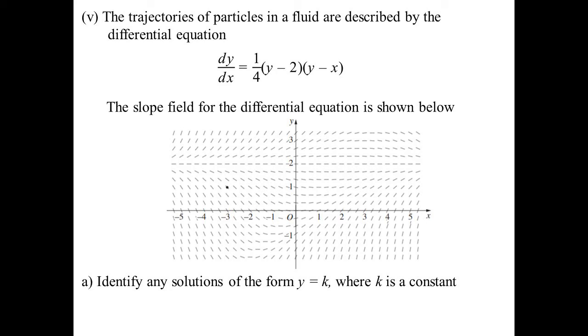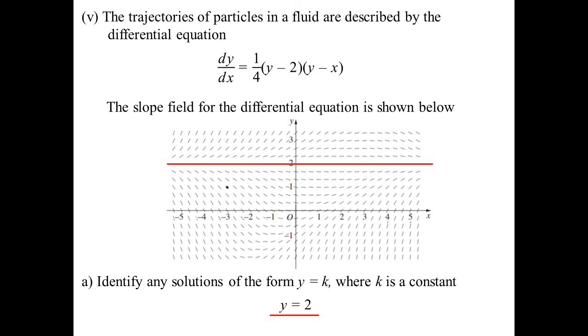Well, that happens there at 2. So a solution to this would be y equals 2. Now, it's kind of a trivial solution, because if y is constantly equal to 2, differentiate y equals 2, you get 0. Of course, if you make y equals 2, the derivative is going to be 0.